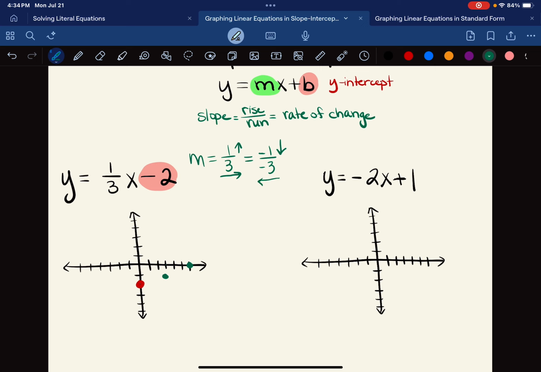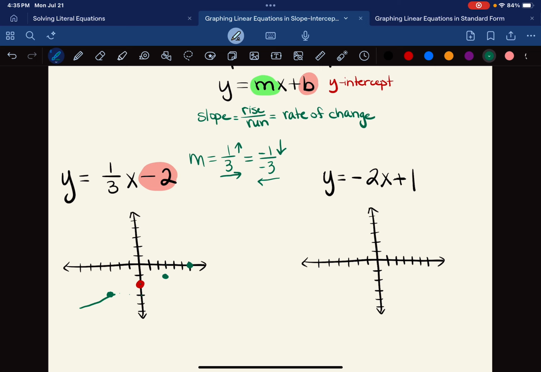So starting from my y-intercept, this red point, I'm going to go down 1 and to the left 1, 2, 3. And now I have another point that's on the left side of my y-axis. Like I said, it's not necessary. It's just visually appealing in my opinion, which really doesn't mean anything, right?